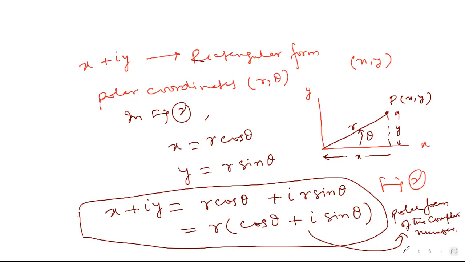Now, this combination cos theta plus iota sin theta is equal to e raised to the power iota theta.